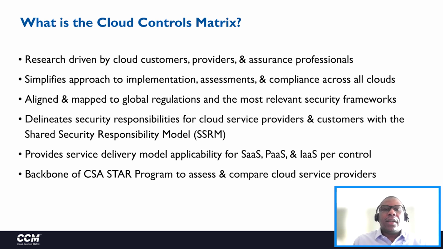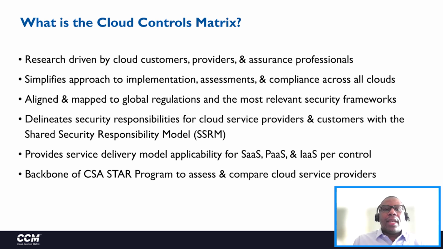In addition, it delineates security responsibilities for cloud service providers and customers with the shared security responsibility model, also referred to as the SSRM. It also provides service delivery model applicability for software as a service, platform as a service, and infrastructure as a service per individual control.